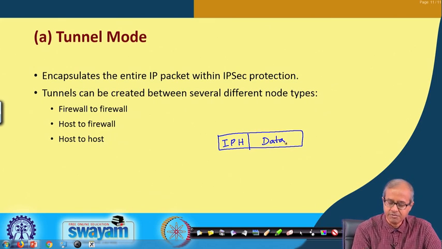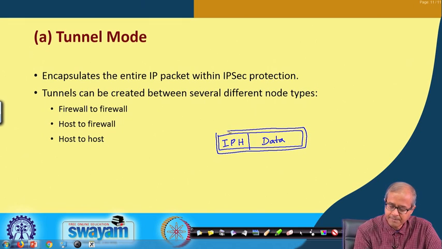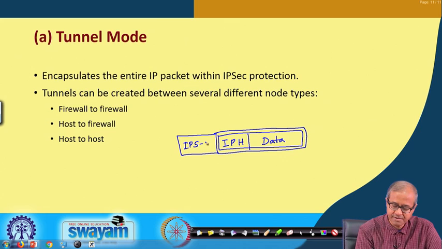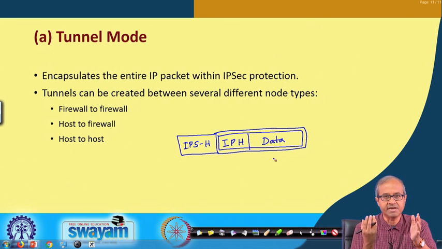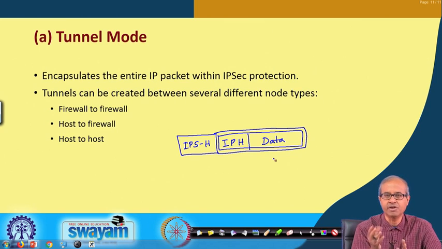Now, this entire thing is considered as data, and you add an IPsec header to it. This is the concept of tunneling. The entire IP packet, you are not taking out the header, the entire IP packet is put inside a IPsec packet, high level packet, and sent on the other side using all encryption whatever mechanism you are using.